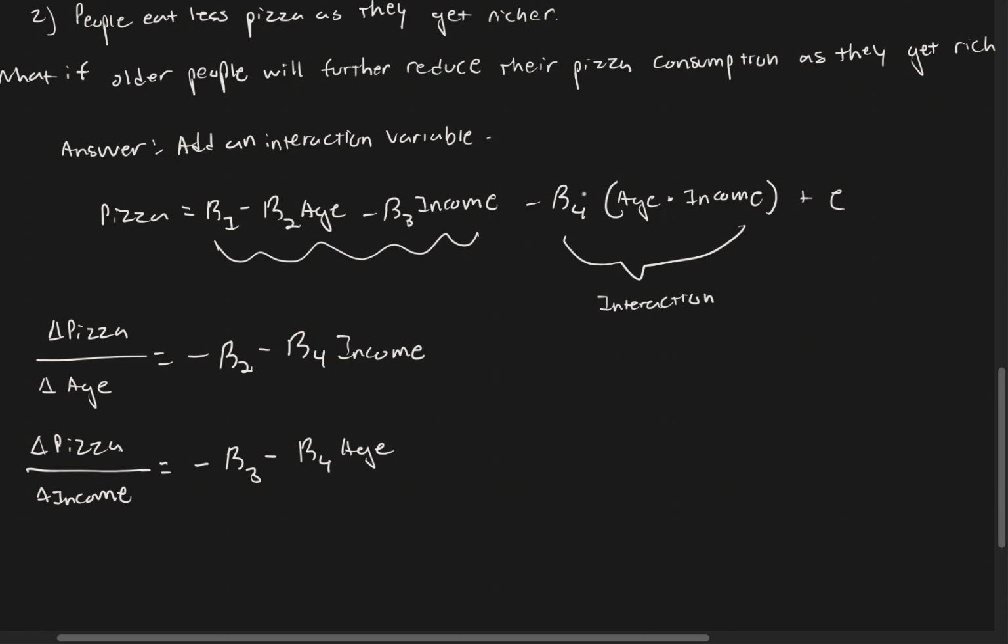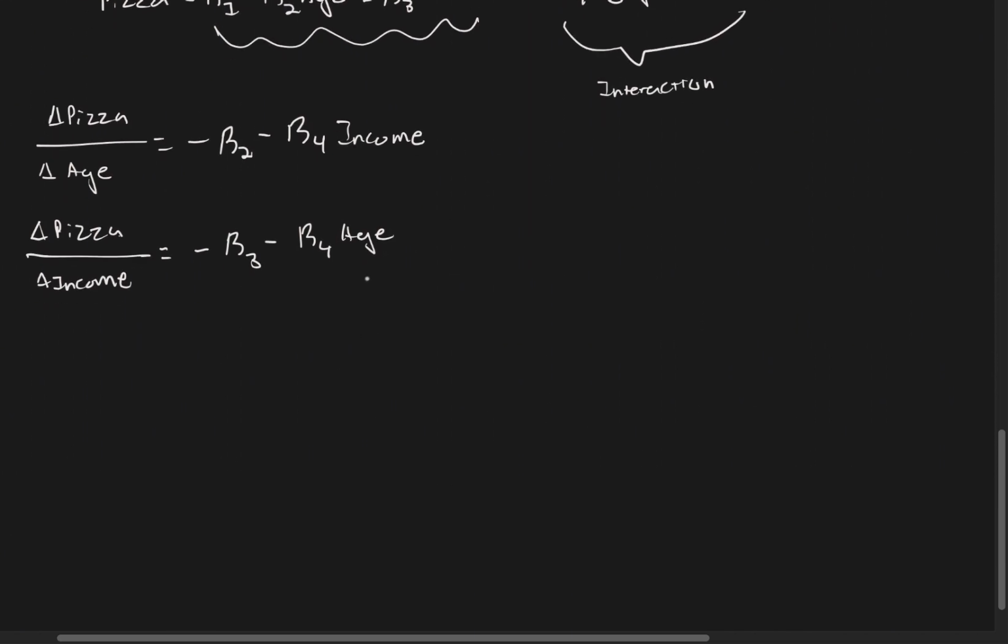Right here, we would say minus beta 4, and then extract the age variable because we're deriving with respect to it. So this age becomes a 1, and then the minus beta 4 times income is left over. Similarly for the change in pizza with respect to income.